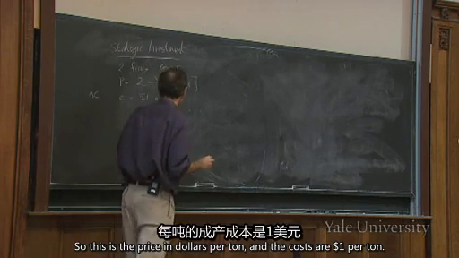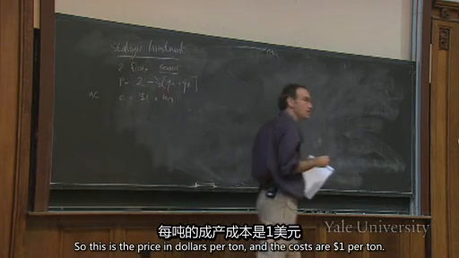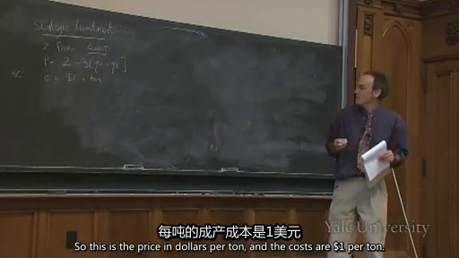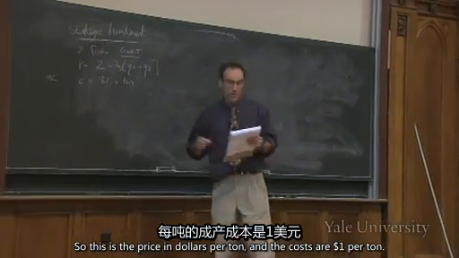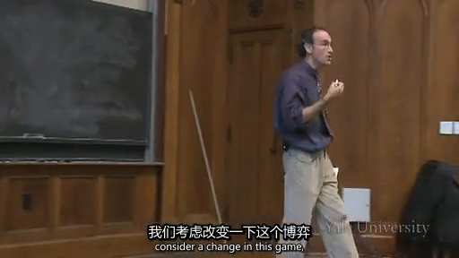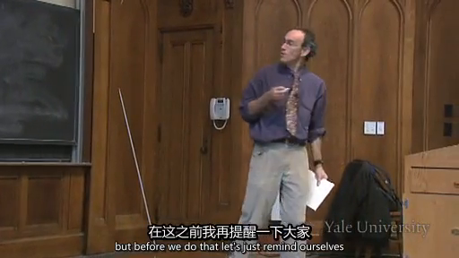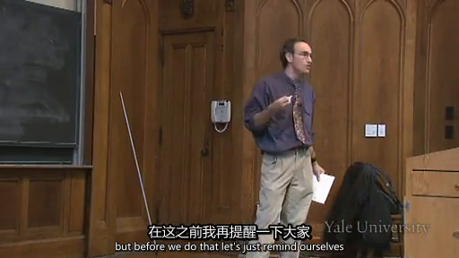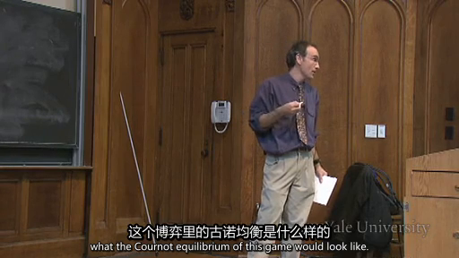So this is the price in dollars per ton, and the costs are $1 per ton. And in a minute, we're going to consider a change in this game. But before we do that, let's just remind ourselves what the Cournot equilibrium of this game would look like.